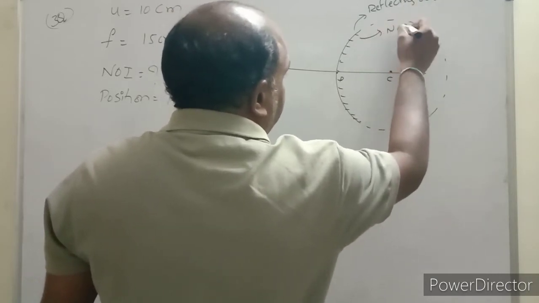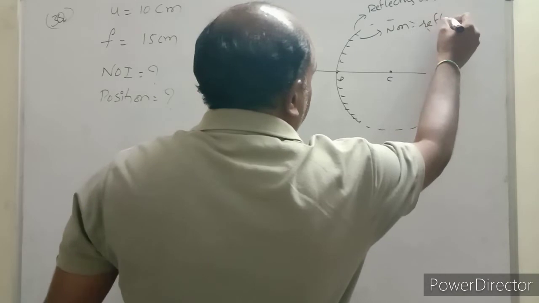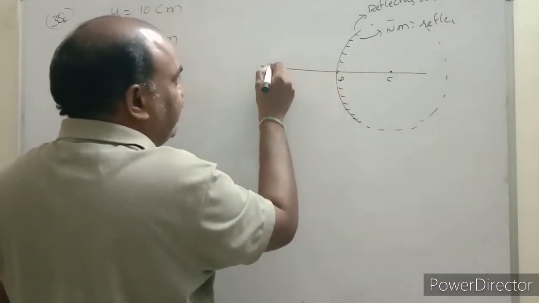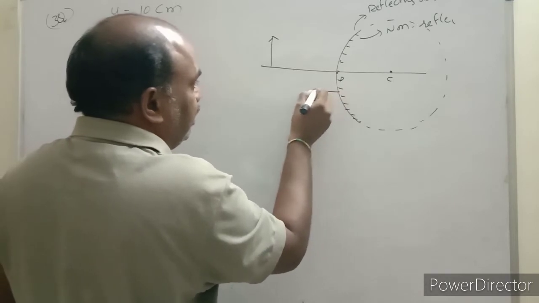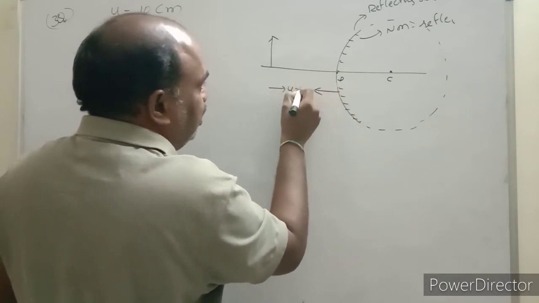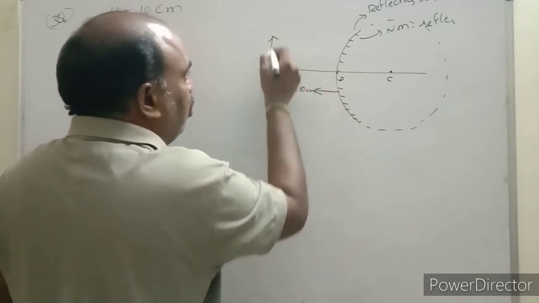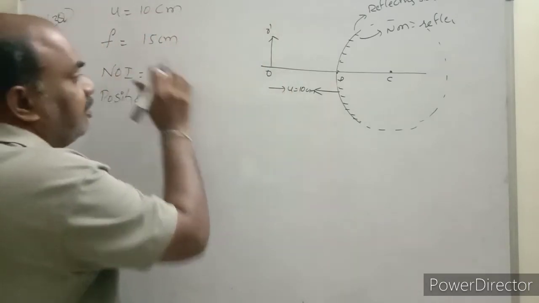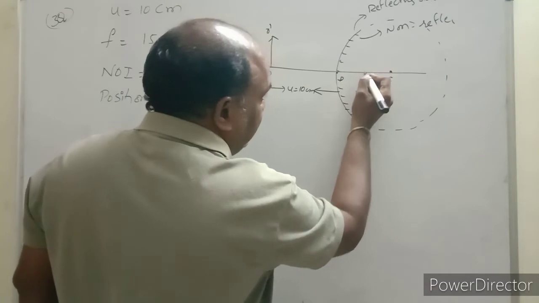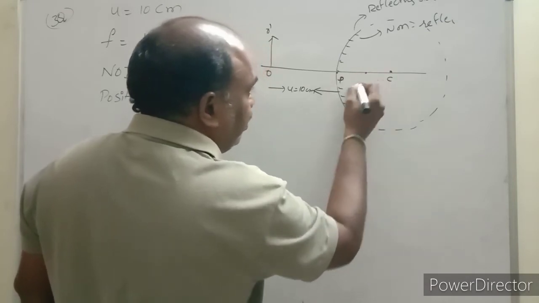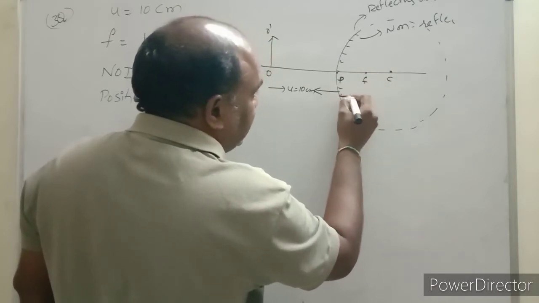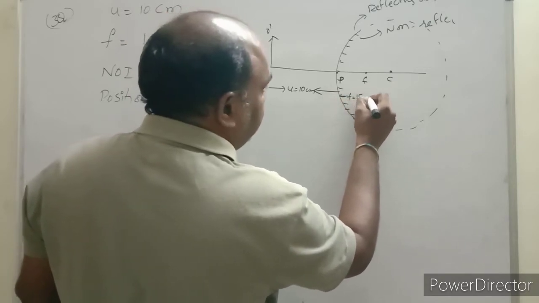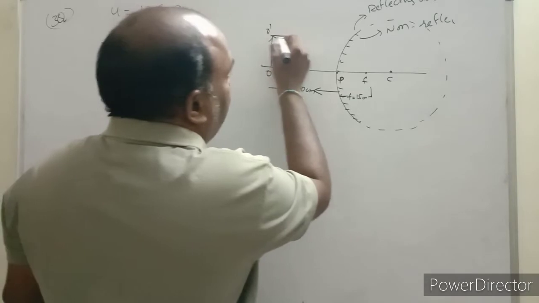I placed the object at 10 centimeter from here. U is equal to 10 centimeter from the pole. Now focal length is also given, 15. Focal length means the distance between pole and focus; the focus is present in between the pole and center of curvature. This is the focal length, 15 centimeter. This is the parallel incident ray.